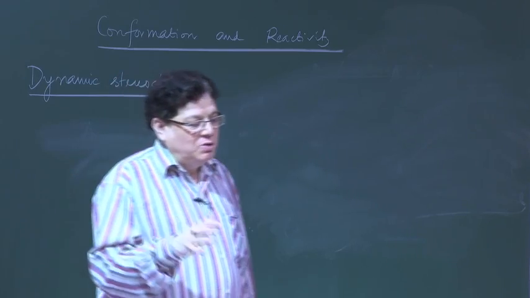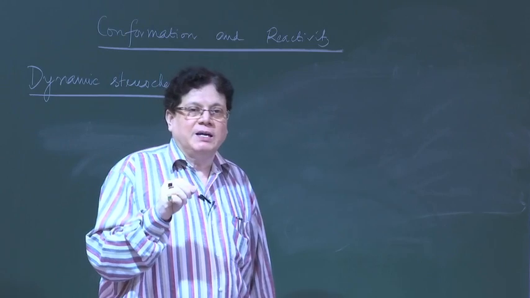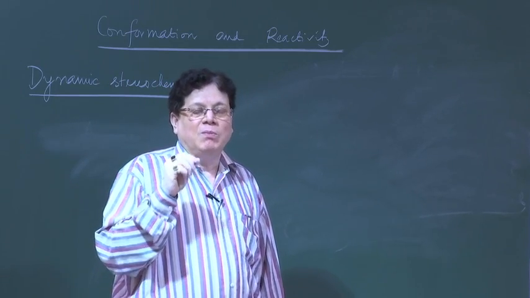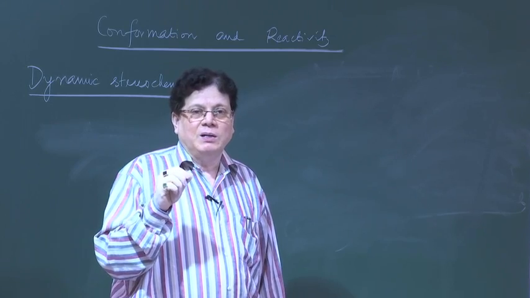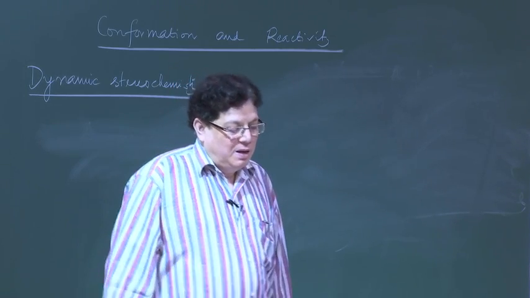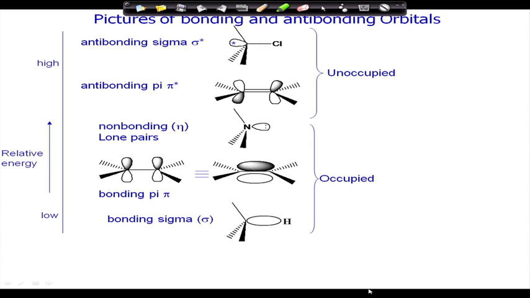In other words, the stereoelectronic effect demands that in the transition state there should be maximum overlap of the orbitals that are interacting during the reaction. Okay. Now, let us show these slides and come back to the board later on.